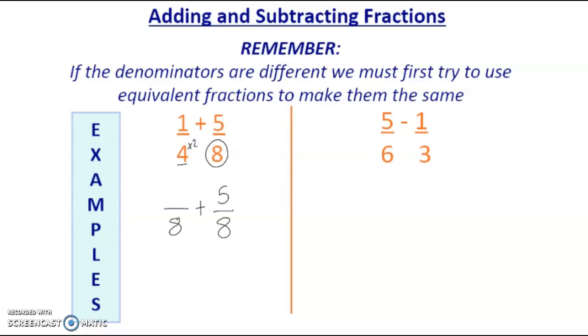And whatever I do to the bottom, I also do to the top. So I'm going to do 1 times 2 on the top there. And 1 times 2 is 2. Lovely. So I've now rewritten the question so that it's really easy. What is 2/8 add 5/8? 2 handbags add 5 handbags. How many handbags is that? It's 7. So my answer is 7/8.